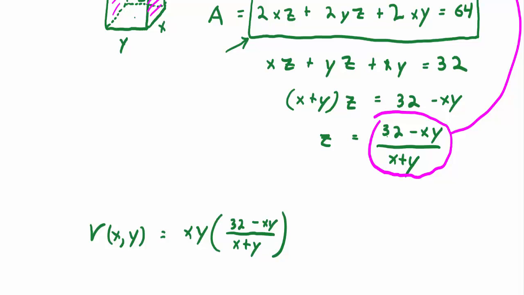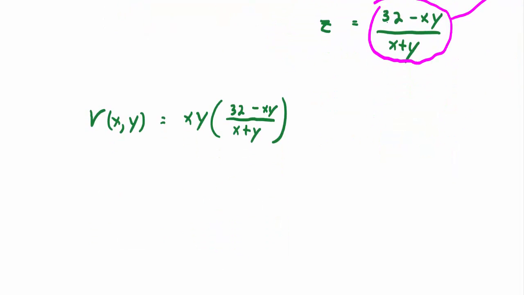So I want to, as usual, find the critical point, or points, whatever the case may be. So to do that, well, there's different approaches here, but I'm going to go ahead and distribute out the x times y because I think it'll make it easier maybe.